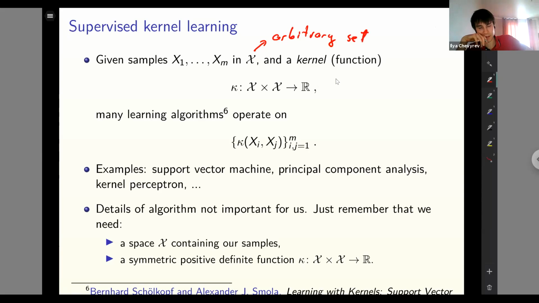And we need to find a kernel. Sometimes we're given a kernel, sometimes we need to design a kernel, which for us is going to be a symmetric positive definite function on the space.